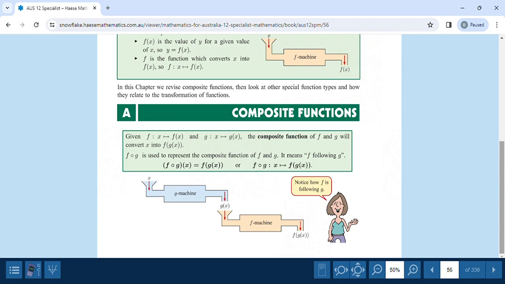So they've got different ways of writing the notation in the description box there, and they've got a picture underneath which basically says if you've got f of g of x, x goes into the g machine or the g function first, spits out an answer, g of x, and then that goes into the f machine and you get f of g of x.